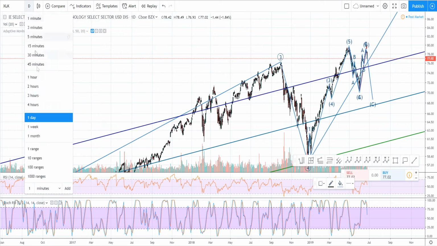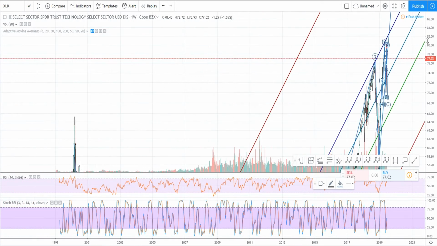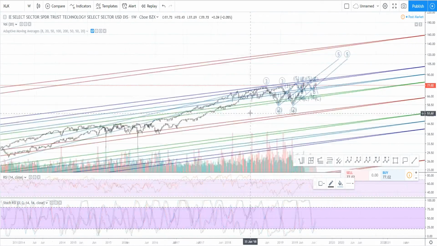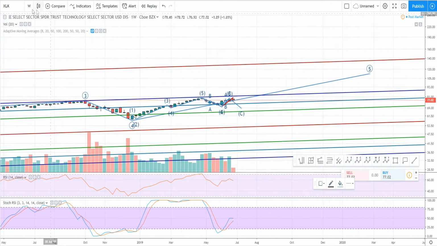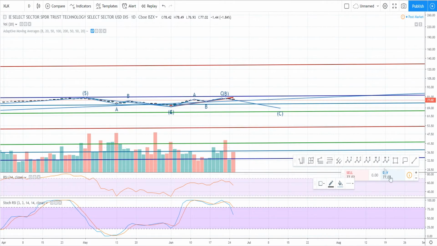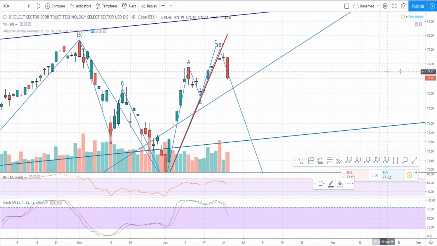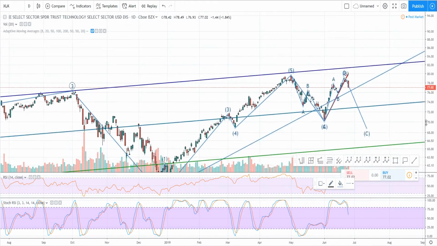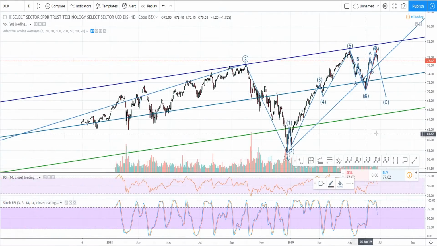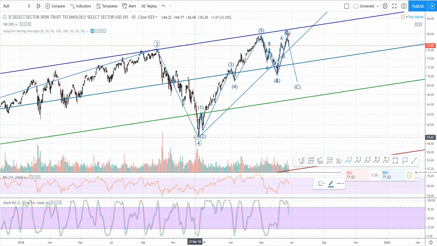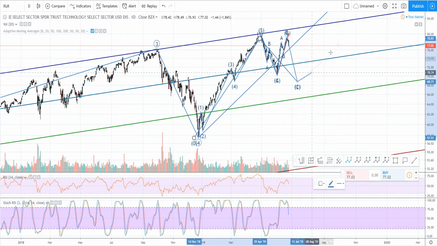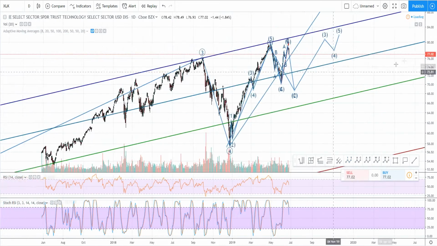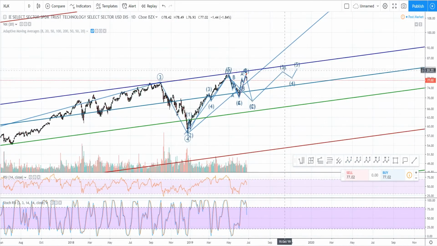Let me go back to the weekly and zoom out a bit more again, because no, let me go back to daily. Because that would mean that on a larger time frame, this is one big wave 1, and wave 2 doesn't end here, but it would end here for the larger wave 5 right here.